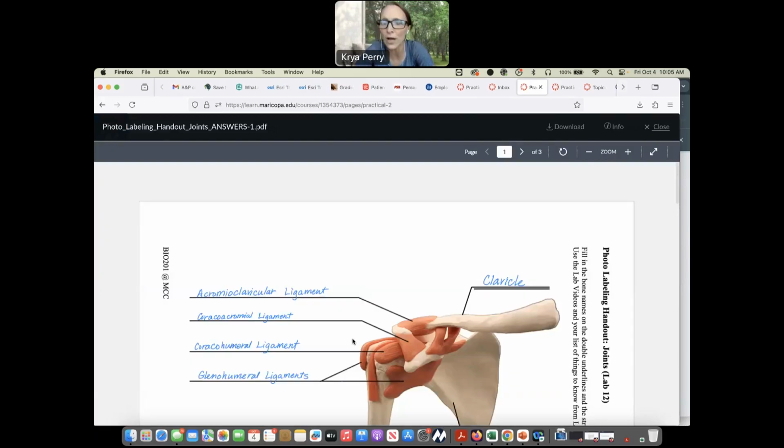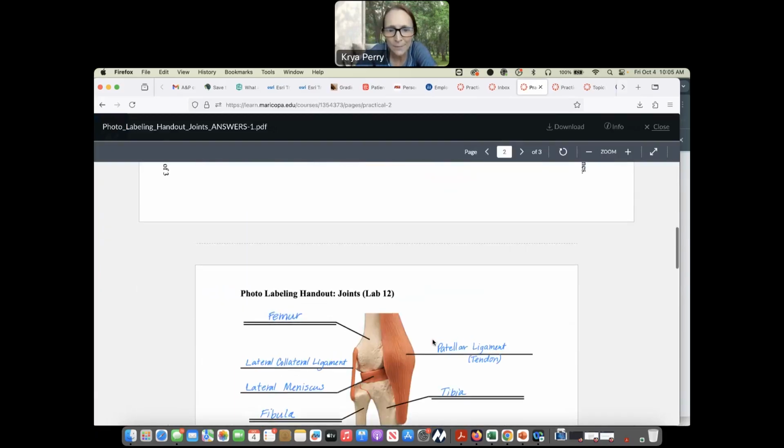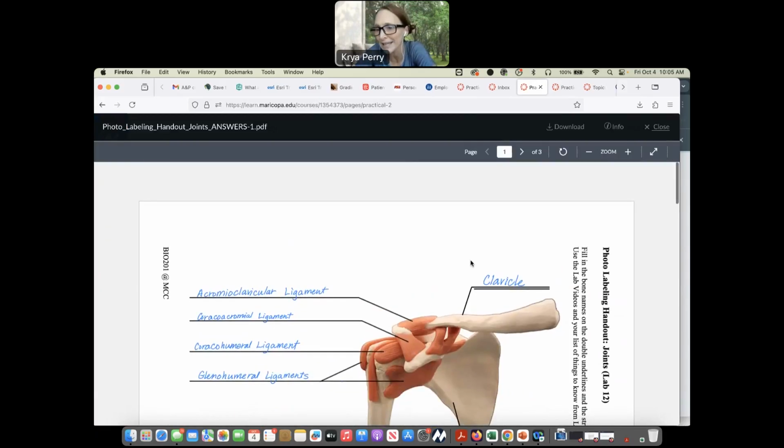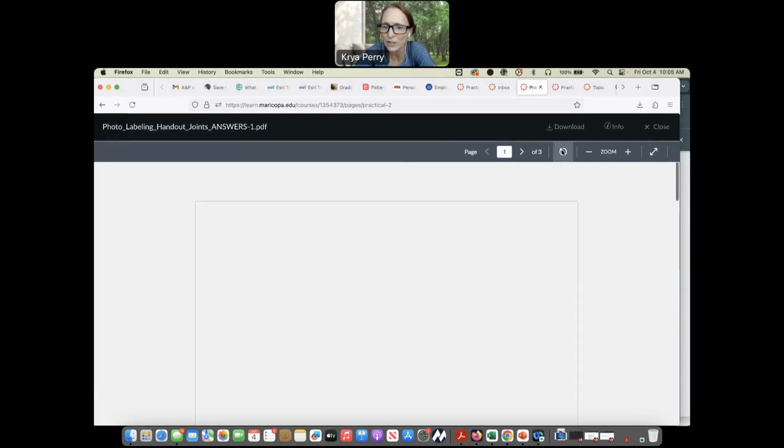Then I'm going to show you how to orient them. I already turned this one and it looks like it saved my settings. But you can change the orientation of each of these pages. Originally it was sideways, really hard to look at.